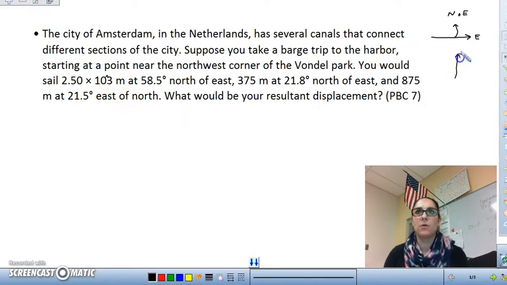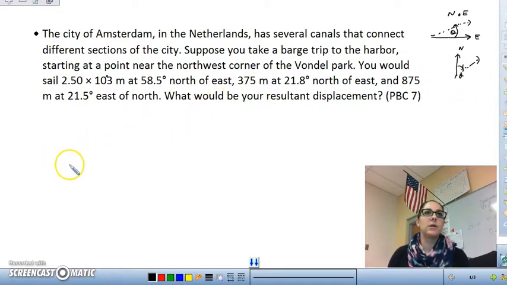This is north, and you go east. So our angle, if you will, I'll do a little dotted line with an arrow going in the direction of our angle. Okay. Alright, so it looks like we're going north of east, and then east of north.